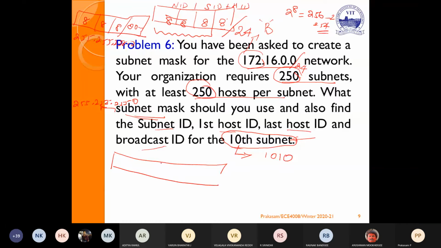So again, go to the network things. The first two we are not touching. Out of these, this is network, this is host.